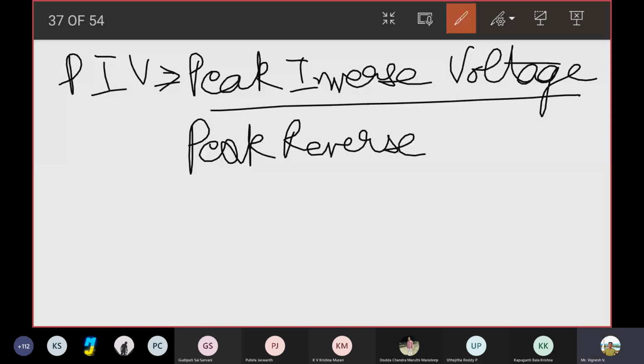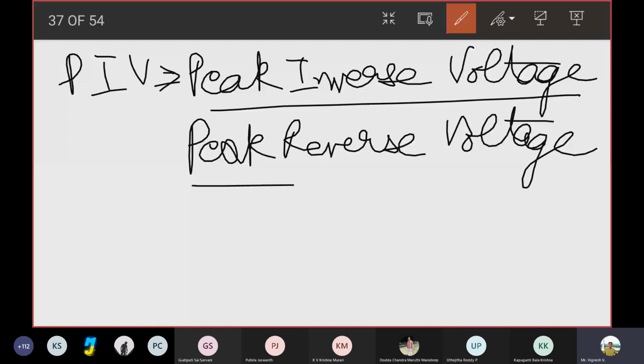I need not define it only for a rectifier, but it's an important parameter to differentiate why we go for a bridge rectifier when compared to a full wave rectifier. I'll tell you the definition. Please write down what the peak inverse voltage is.